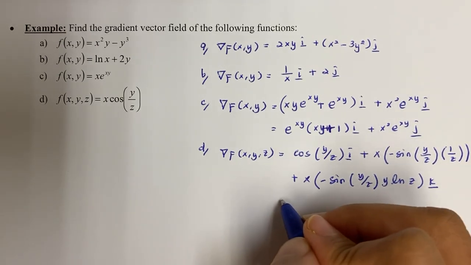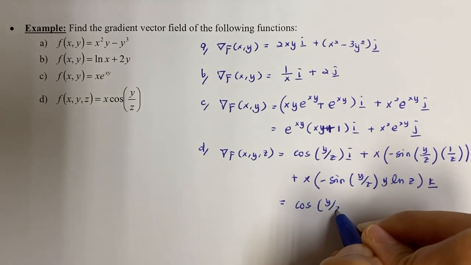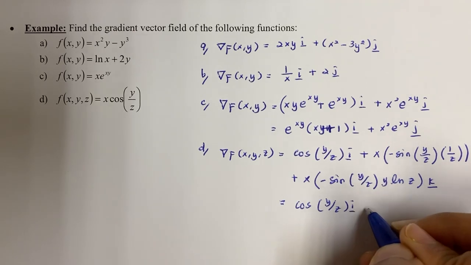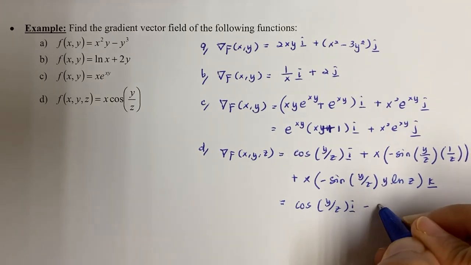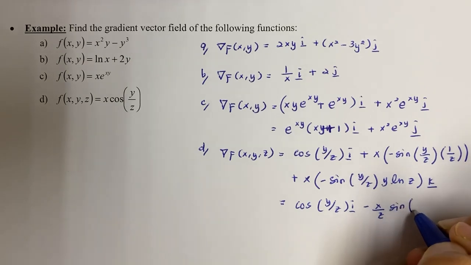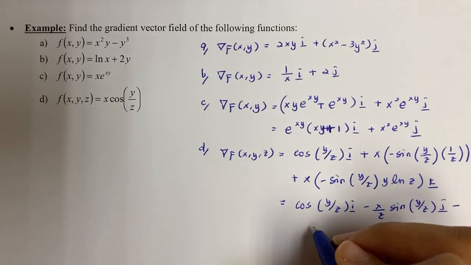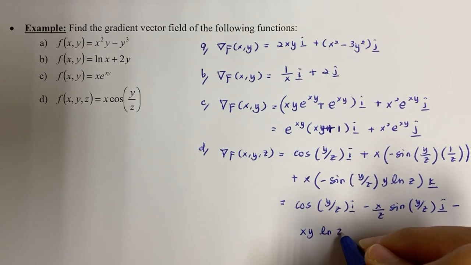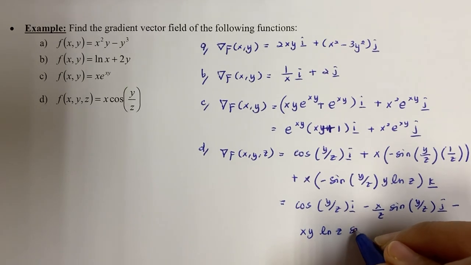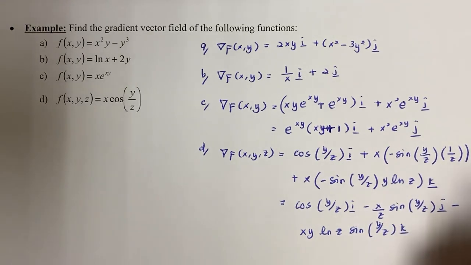So the gradient here for D is cos(y/z) i minus x over z sin(y/z) j minus x y ln z sin(y/z) k.